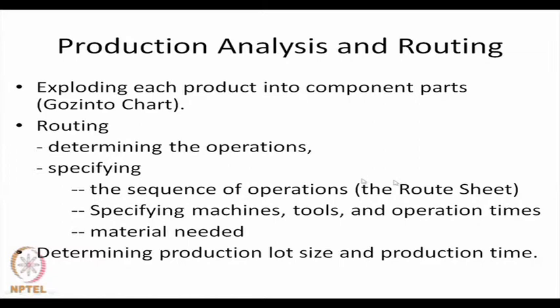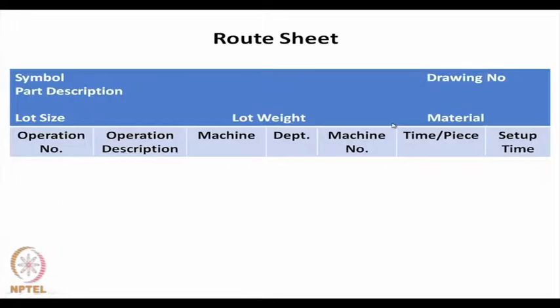Then we discussed production analysis and routing. In this case, we talked about the route sheet. This is basically to say that a particular product has to go through different operations.